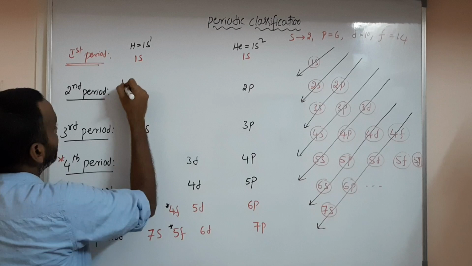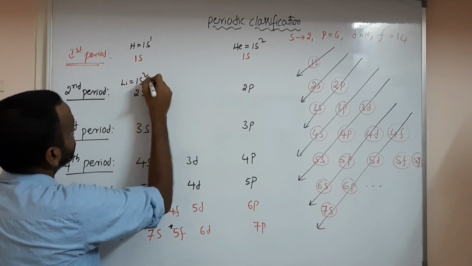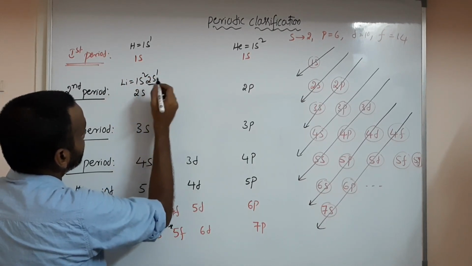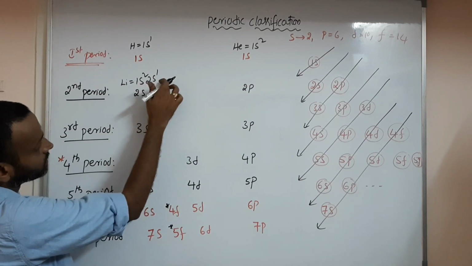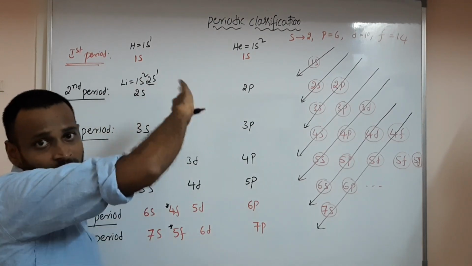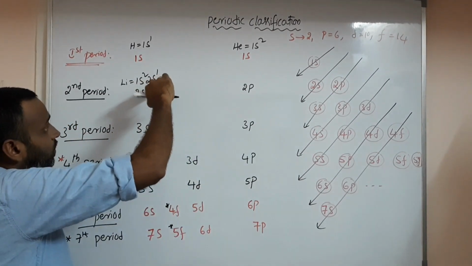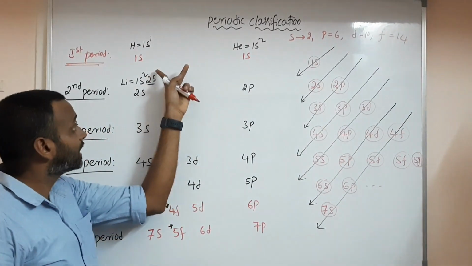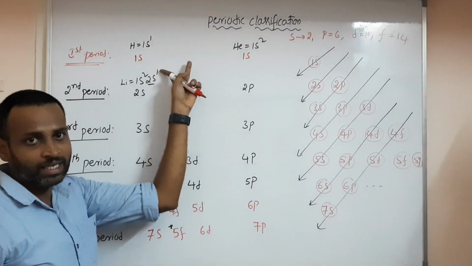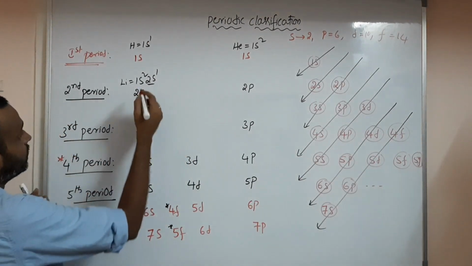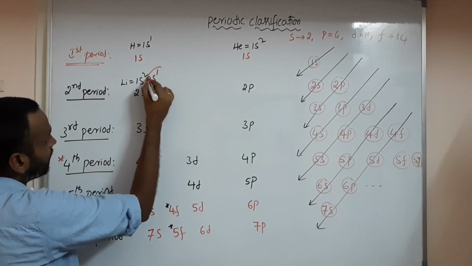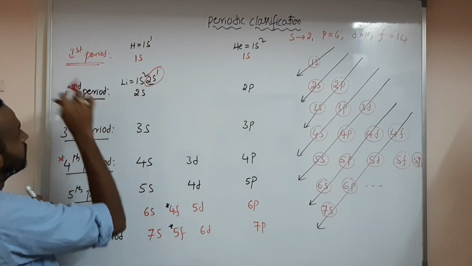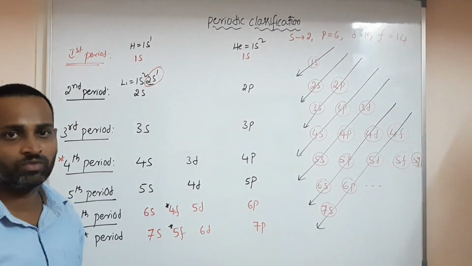So lithium, if you see lithium, 1s2, 2s1. So the last electron is this, not this one. Last means 2s is the outer subshell. That we call the differentiating electron, differentiating subshell also. So in lithium, the last electron enters into 2s. So lithium belongs to the second period. Last electron we have to see.